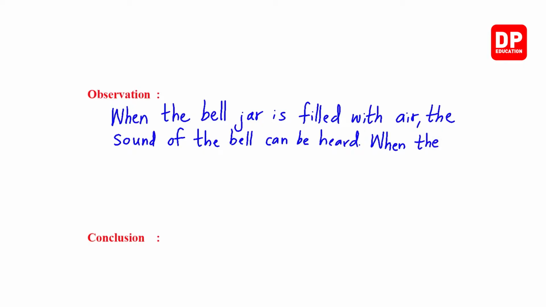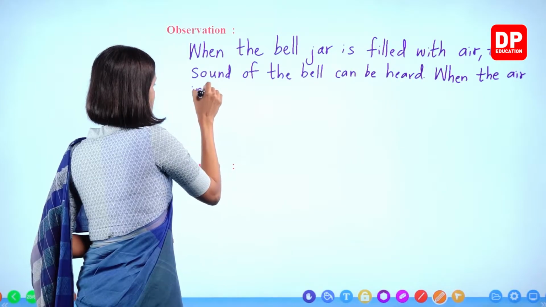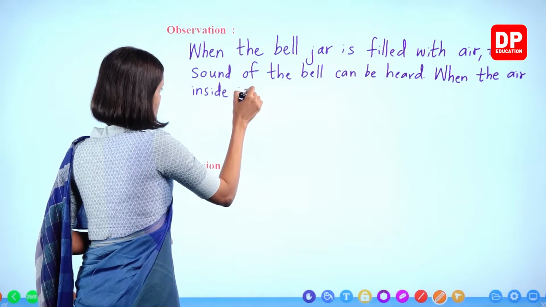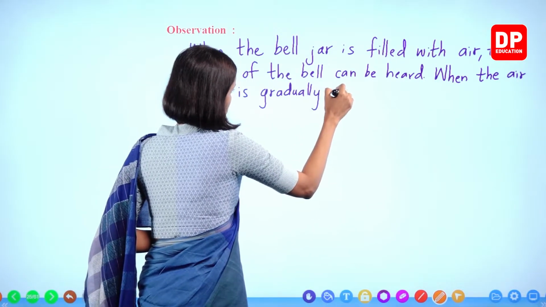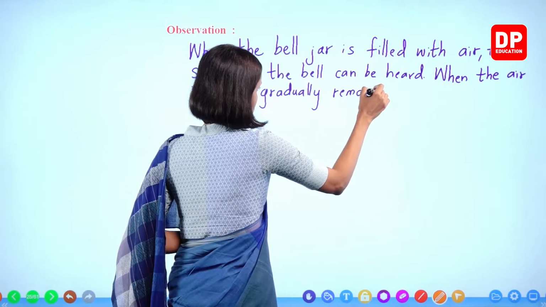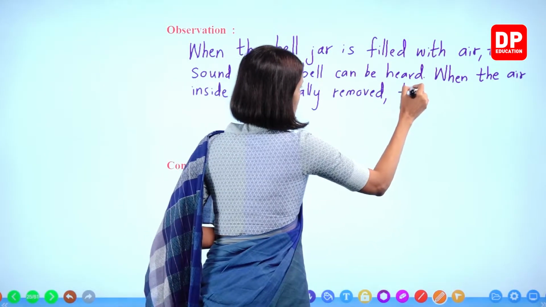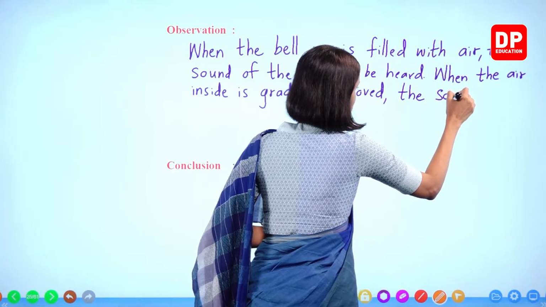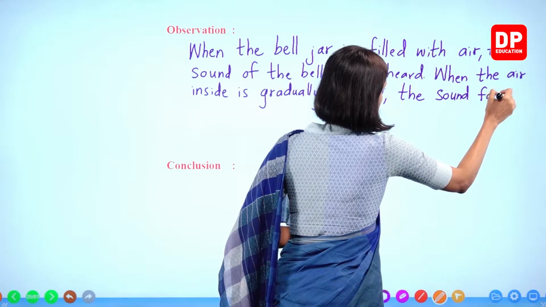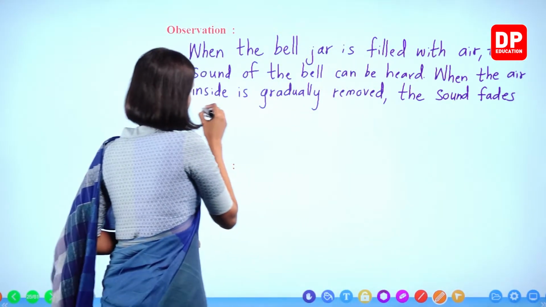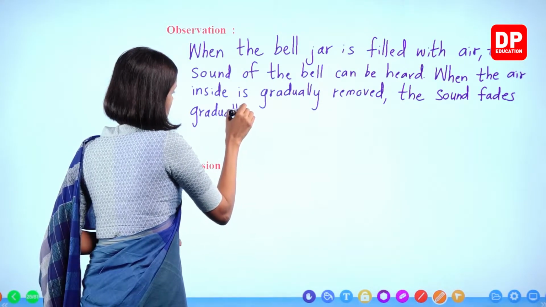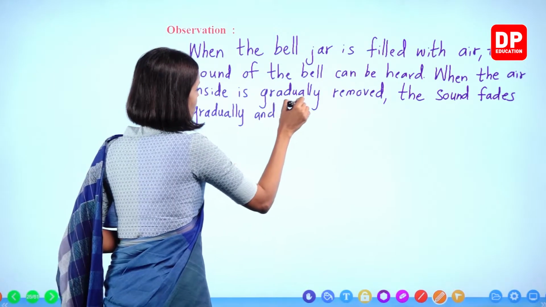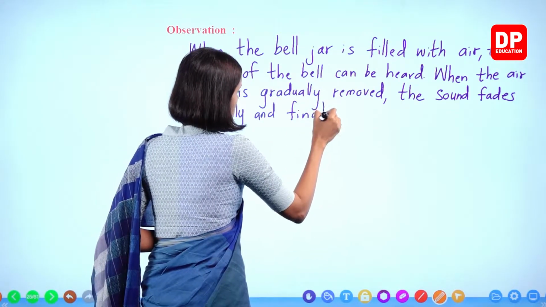When the air inside is gradually removed, the sound fades gradually and finally stops.